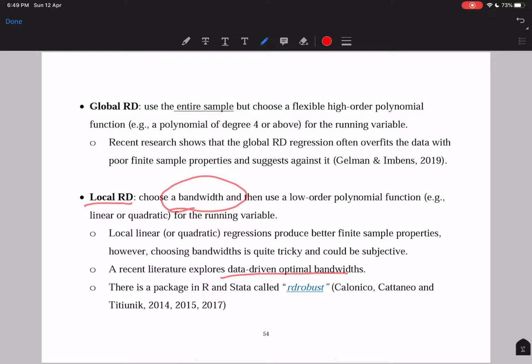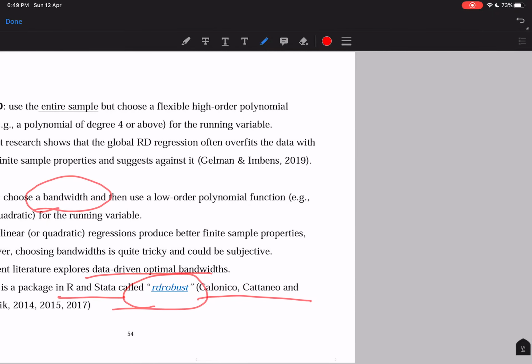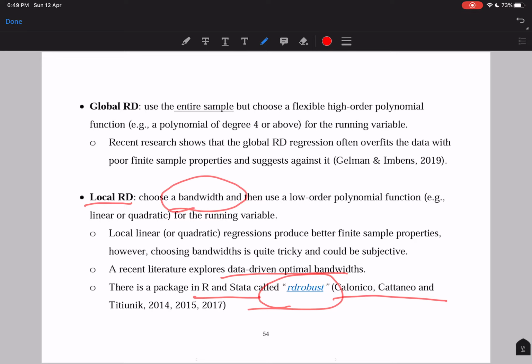There's a recent literature that tries to use a data-driven approach to get the optimal bandwidth. The most common one is from Calonico et al. They have an Econometrica paper implementing a data-driven bandwidth, and you can implement their method in R and Stata using the command called rdrobust. Okay, let's stop here.